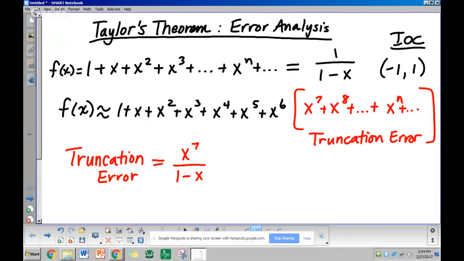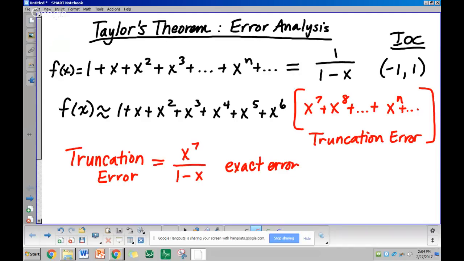So I have a formula for the exact error. The exact error of using how many terms only? I guess we're using the first 7 non-zero.